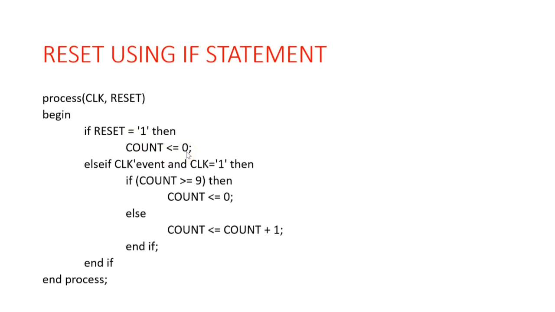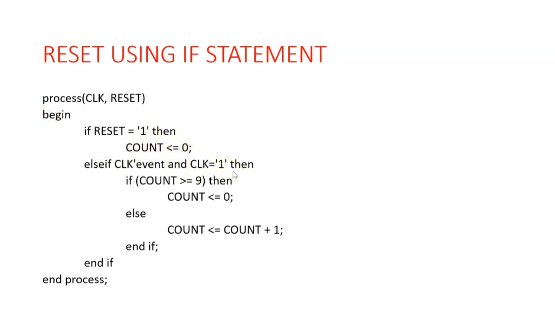Whenever you press the reset button of a counter, the counter resets to its initial state. Just like that, when you give a value 1 to the reset signal, the counter resets to the original or initial state. That's why you are assigning count equal to 0.